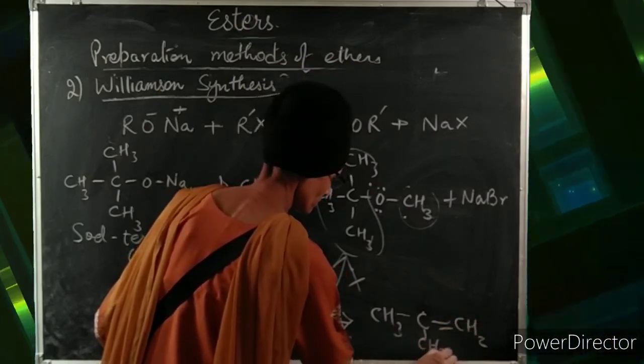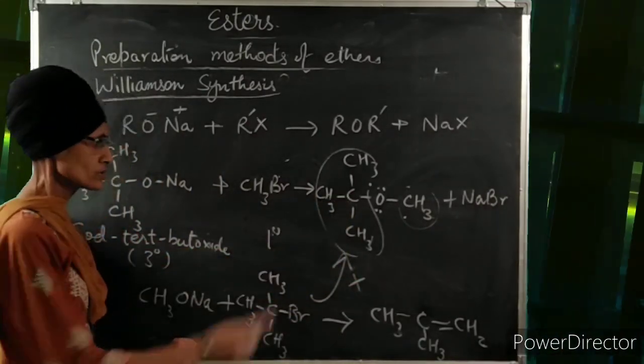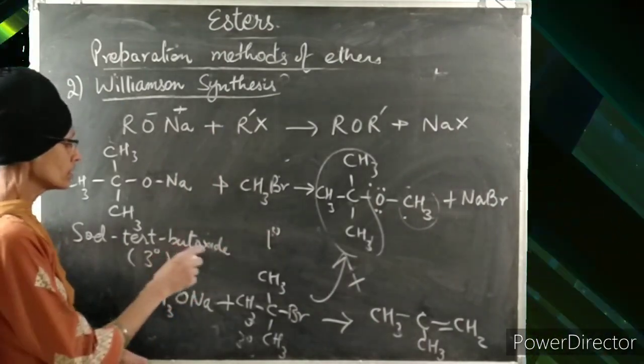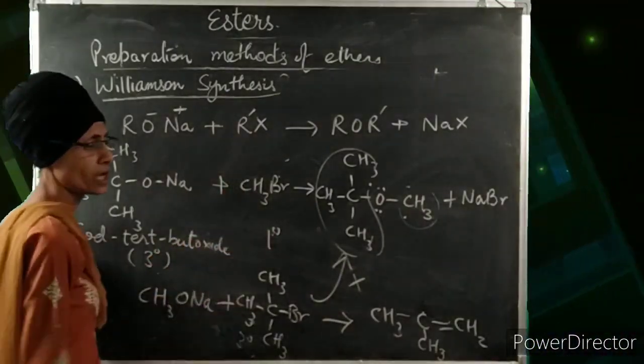So we do not expect this type of ether formation. This type of ether, if we want to get, will be obtained from the 3 degree sodium alkoxide and 1 degree haloalkane.